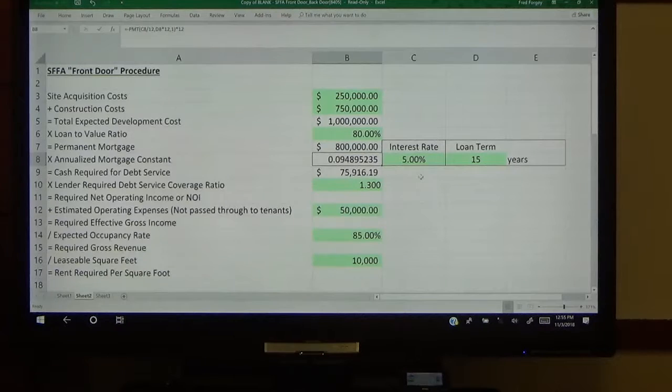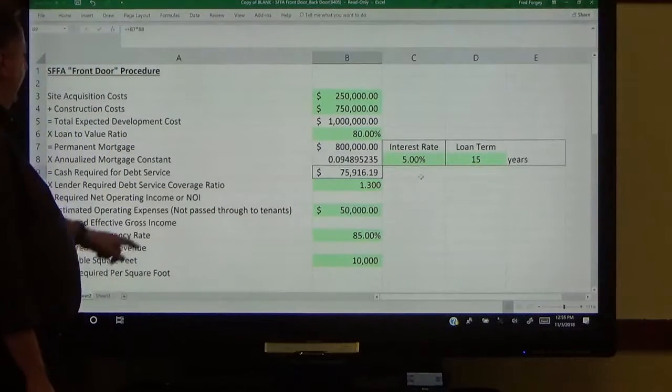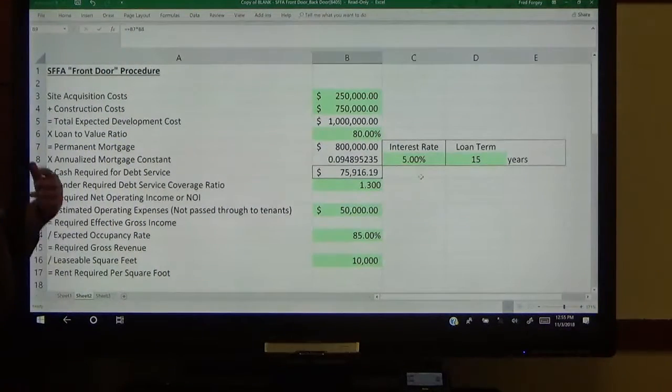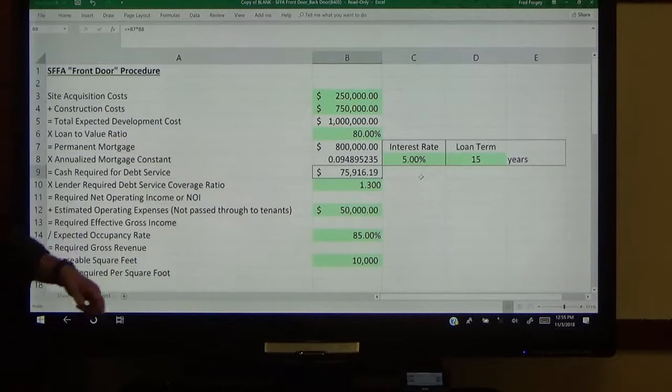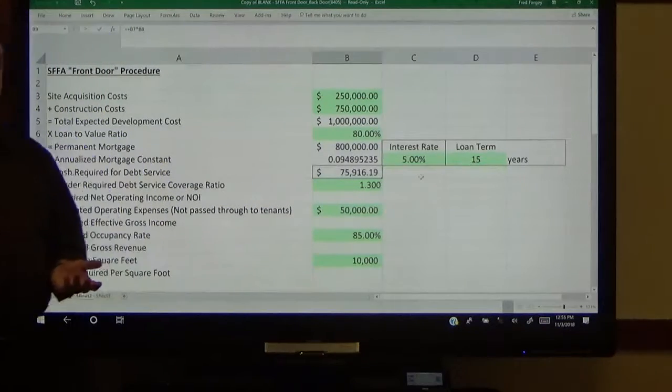Now that we've got our annual debt service, in this case of $75,916.19, we're asking what we need to generate on an annual basis in net operating income to keep the lender happy. How do we keep the lender happy? By having a 1.3 debt service coverage ratio.